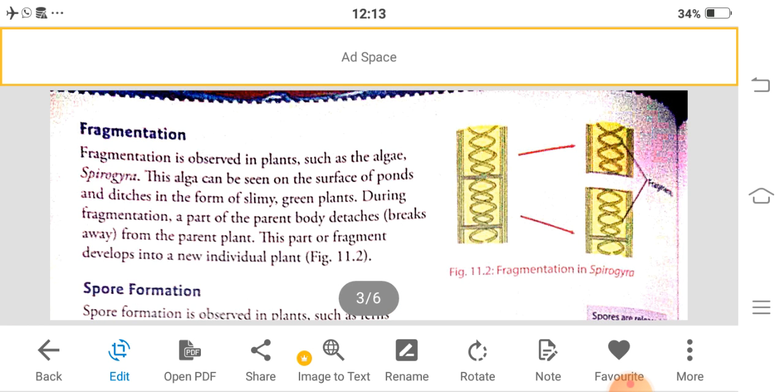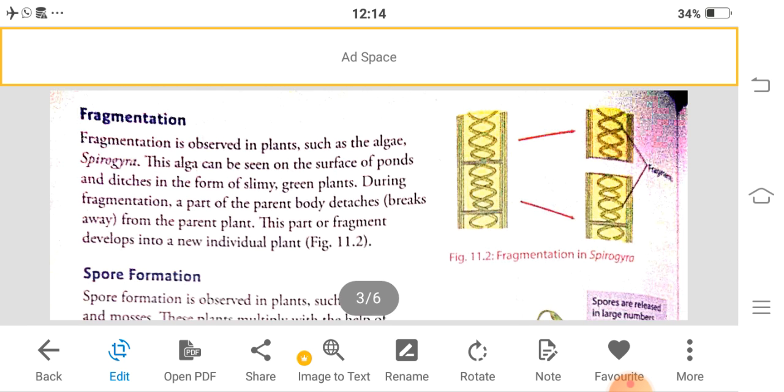These small pieces are called fragments, and from these fragments a new plant arises. So in fragmentation, the parent plant breaks into small parts, and from these a new individual grows. This process is known as fragmentation.